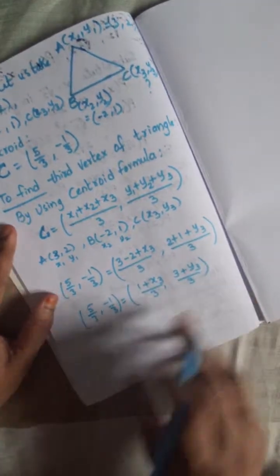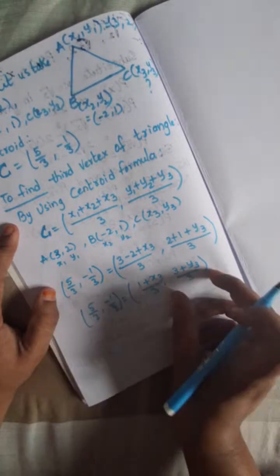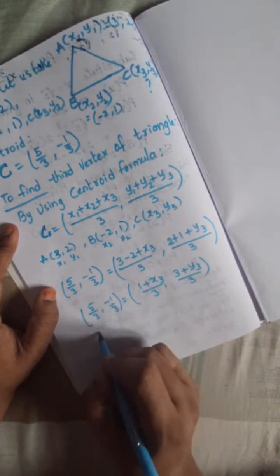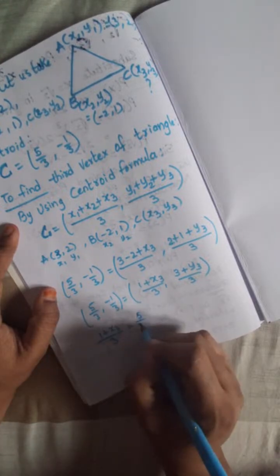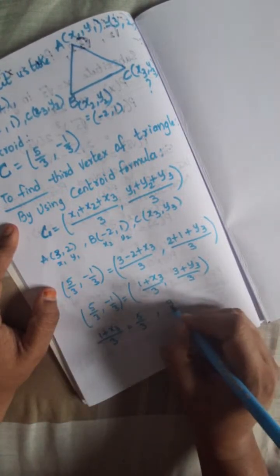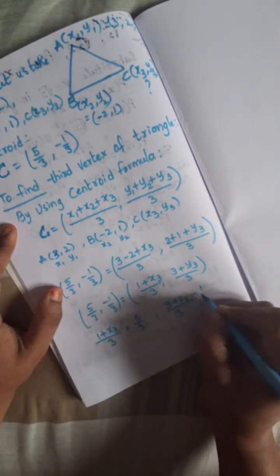Now equate these terms with these values: 1 plus x3 by 3 is equal to 5 by 3, and 3 plus y3 by 3 is equal to minus 1 by 3.